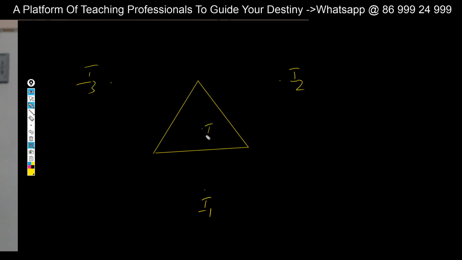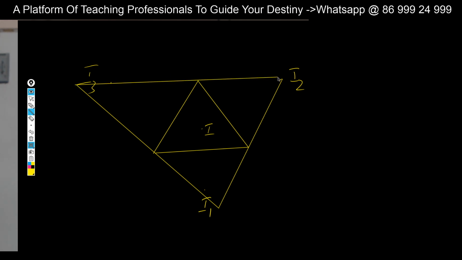This is I. Now, if you join I1, I2, I3, this is I1 I2, this is I1 I3, this is I2 I3.